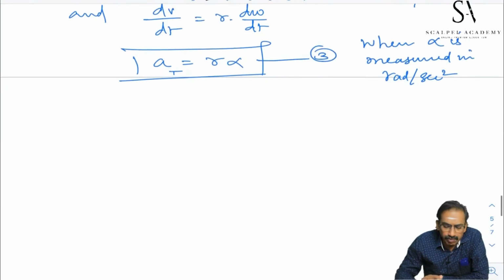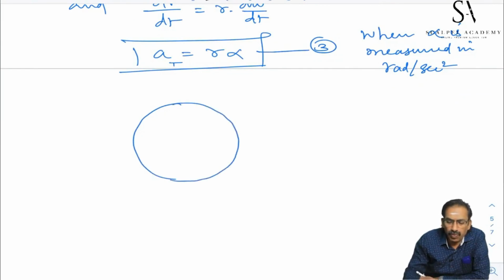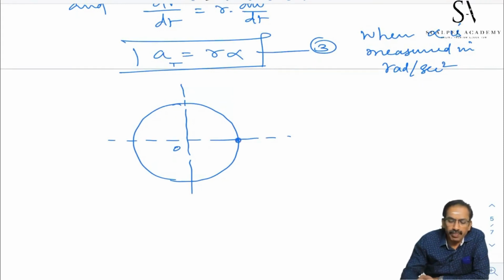Look at this diagram. This is the axis. The initial position is at A. The velocity along the tangent, I take this as v1 vector.